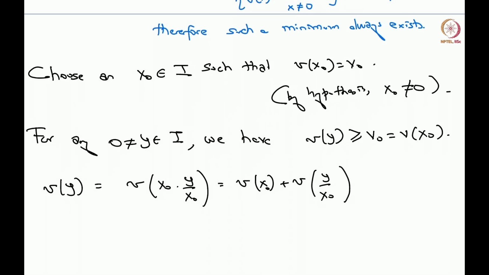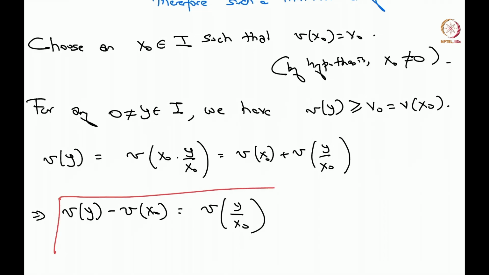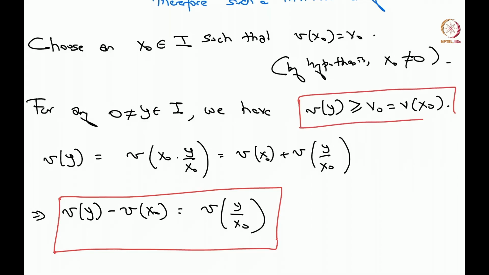So what we have is that the valuation of y minus the valuation of x naught equals the valuation of y over x naught. But we've just seen that the valuation of y is larger than or equal to the valuation of x naught.